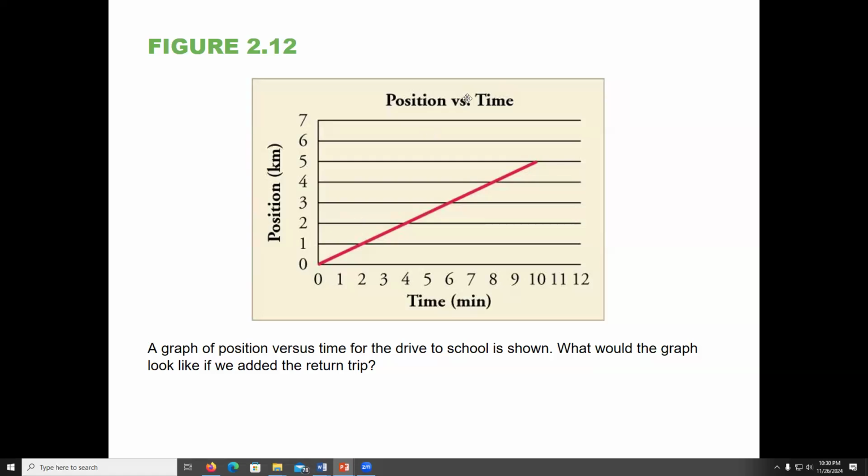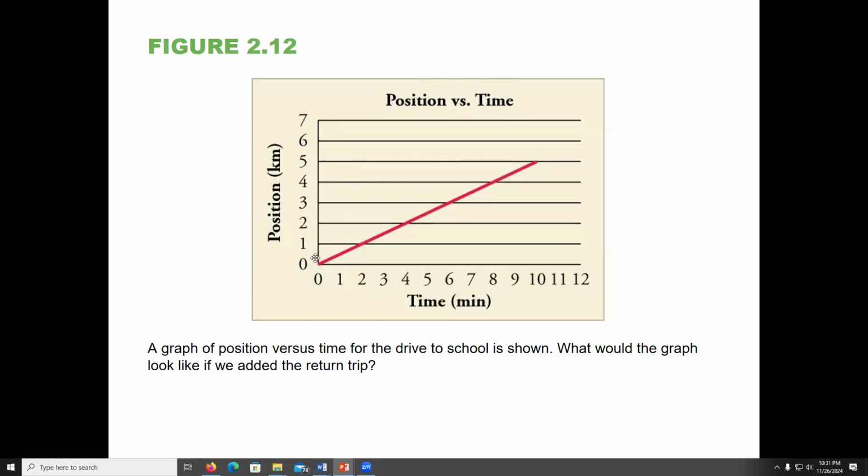So we can comfortably say that the slope of the position versus time graph is your speed, because position divided by time is the speed. And we know that the rise divided by the run is the slope. So the slope of position versus time graph is the speed.